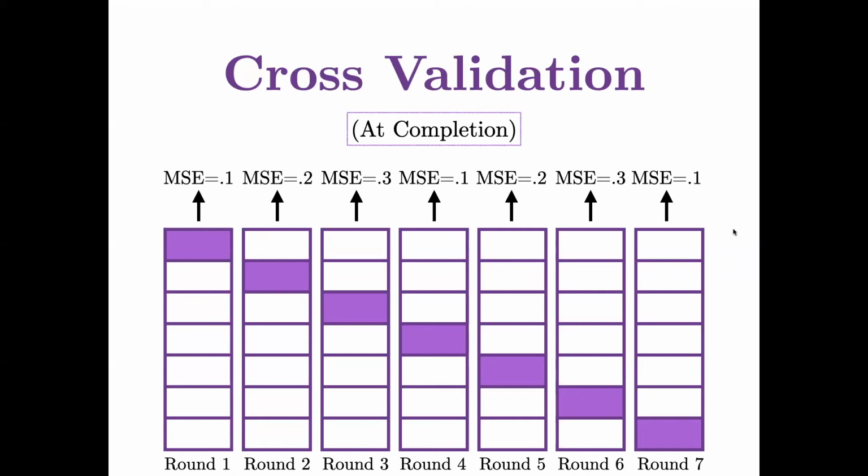In a sense, cross-validation lets you use your entire training set as validation. While you're not training on the entire training set at each round, you do overall use every observation as part of training, and you get a validation result on every observation in your data.